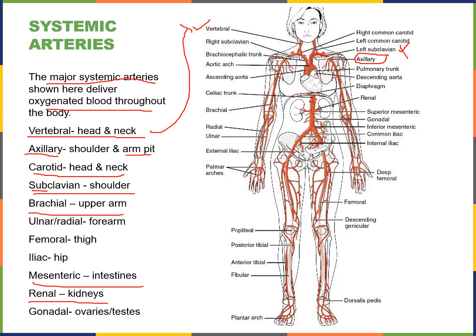Brachial, because brachium means the upper arm, so we have a brachial artery. Ulnar and radial for the radius and ulna, which is in the forearm, so right there. Femoral, again, named because of femur, so femoral is thigh. Now, the femoral arteries are really important arteries, and if they're severed or cut, somebody could actually bleed out.